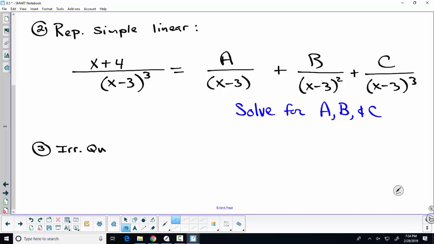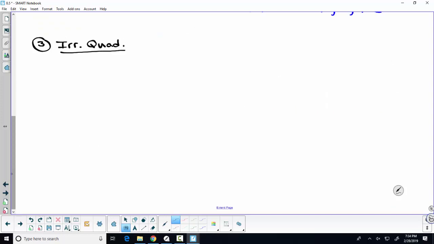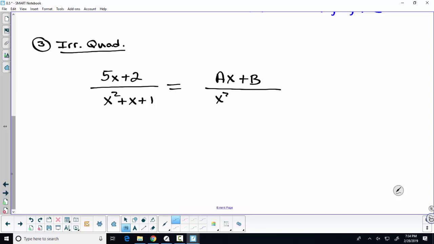Irreducible quadratics. So if we had, I don't know, 5x plus 2 over x squared plus x plus 1, then we would equate that to ax plus b over the irreducible quadratic.